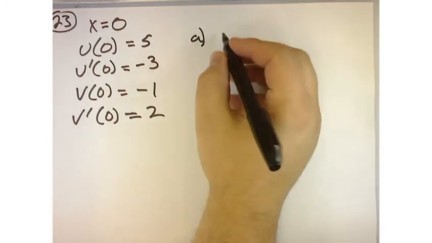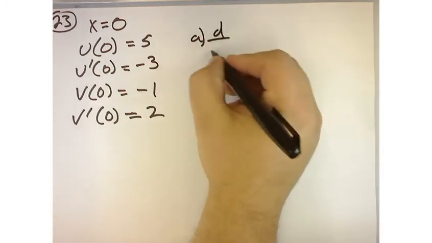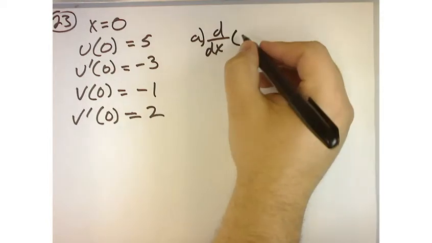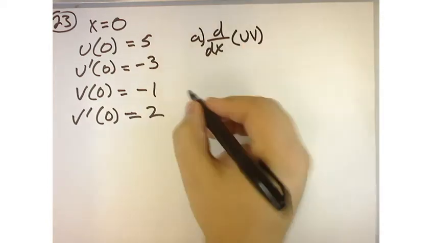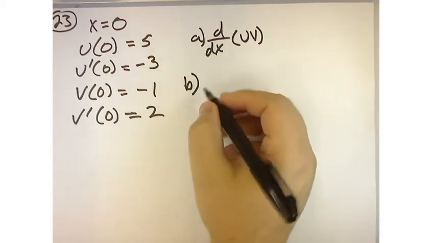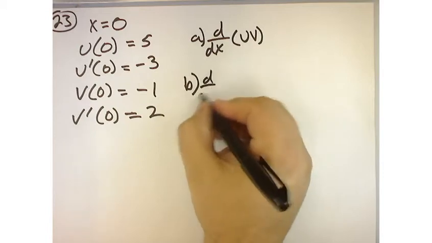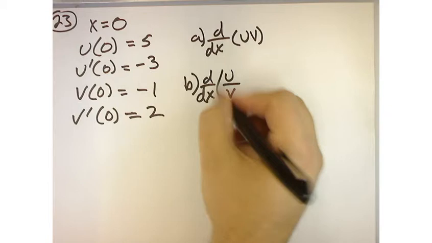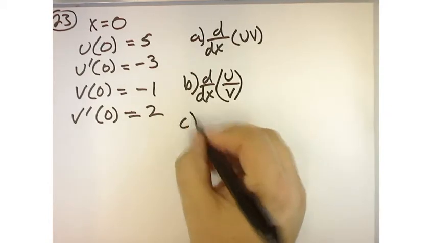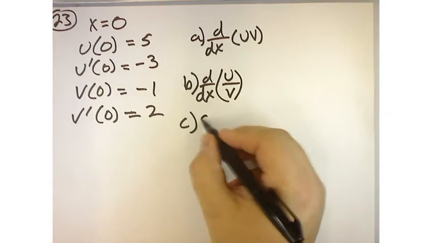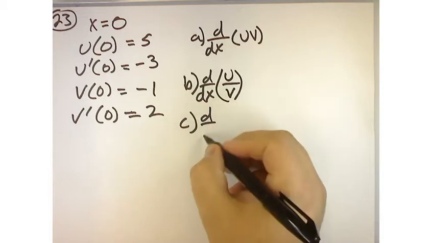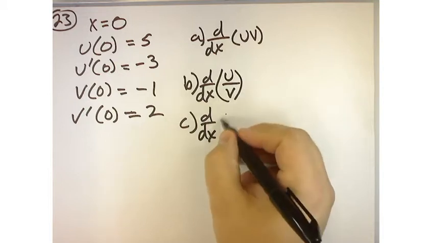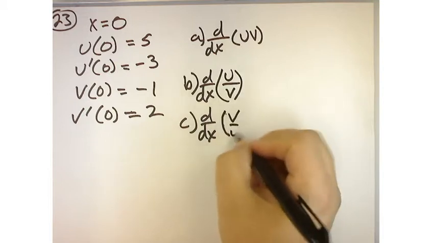A, what is the derivative with respect to x of the product uv? B, what is the derivative with respect to x of u over v? C, what is the derivative with respect to x of v over u?